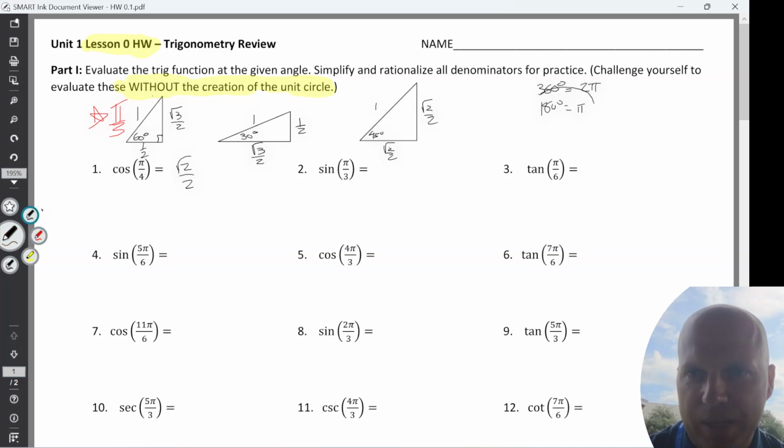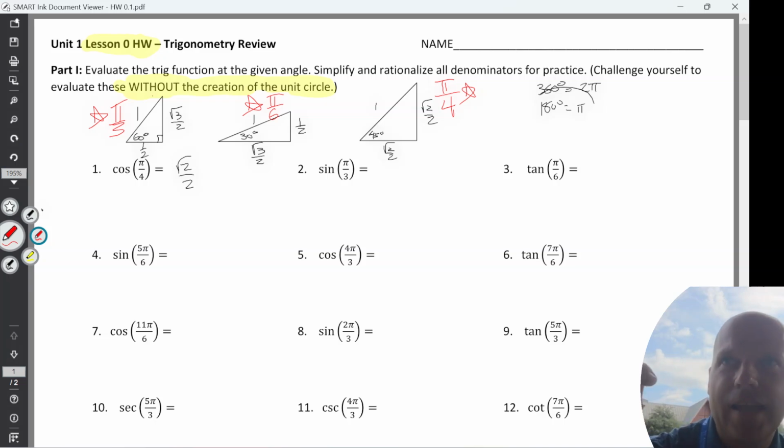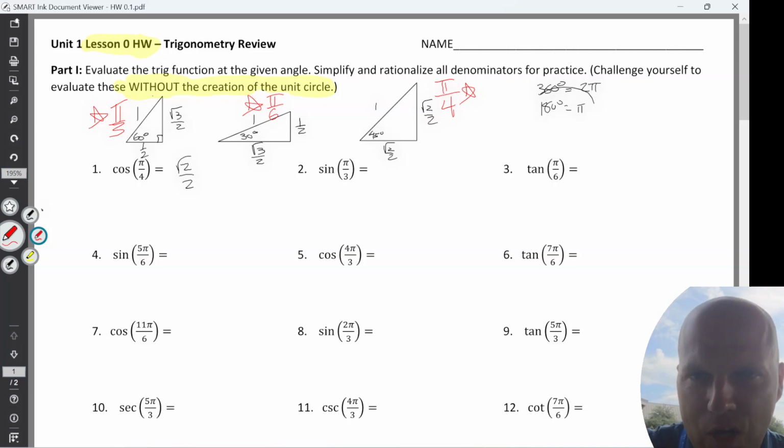If I divide this by 6, I get pi over 6, and 180 divided by 6 is 30, so this is my pi over 6 triangle. And if I divide 180 by 4, it is 45, so this is my pi over 4 triangle. What I do myself is I always think about triangles with trigonometry because it's stuff I've known.